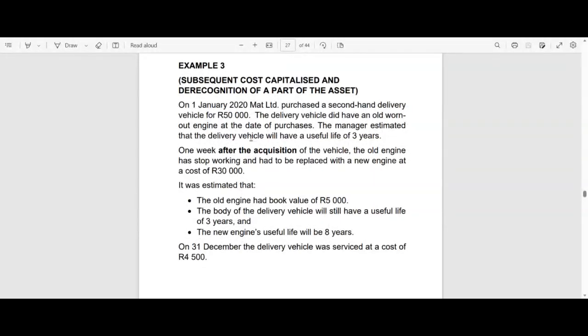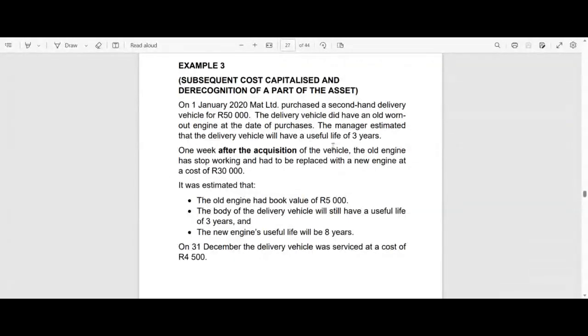Right, so they say here on the 1st of January 2020, MAT Limited purchased a second-hand delivery vehicle for 50,000 rands, right? The delivery vehicle did have an old, worn out engine at the date of purchase. Sorry, there are a few typos here.